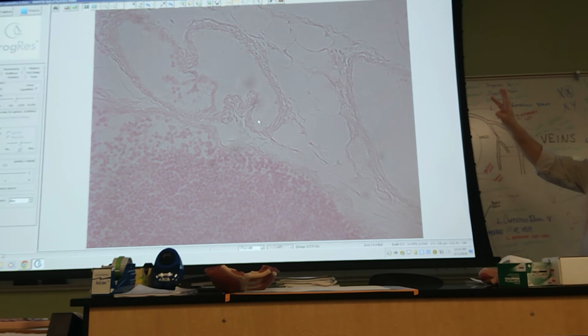Three things. Pericapsular tissue has lymphatic vessels which have valves. There. Right there. Okay? This is another of their phase.